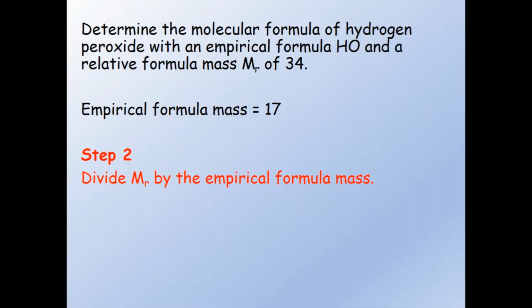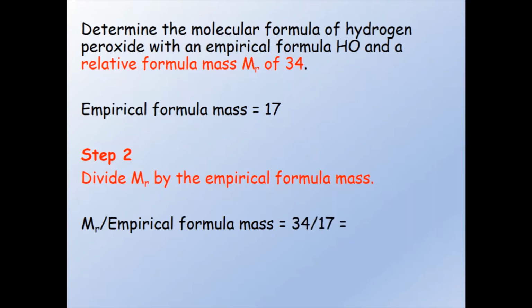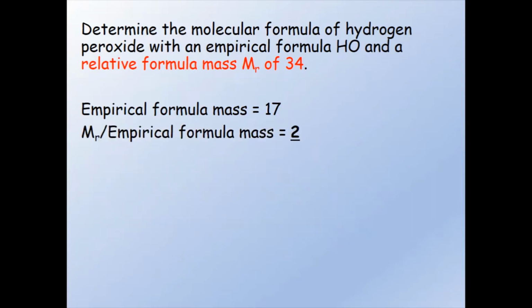Now step 2 was divide Mr, the relative formula mass, by the empirical formula mass. The relative formula mass Mr is 34, so Mr divided by empirical formula mass is 34 divided by 17, which gives us 2.